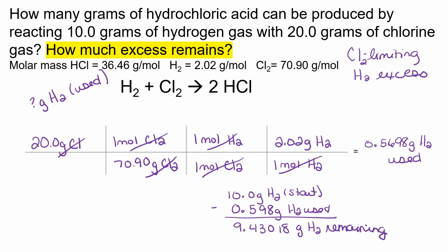I need to answer this to the correct significant figures, which, because I have a subtraction problem, it's going to be to the tenth place. So this is going to be 9.4 grams of hydrogen remain.